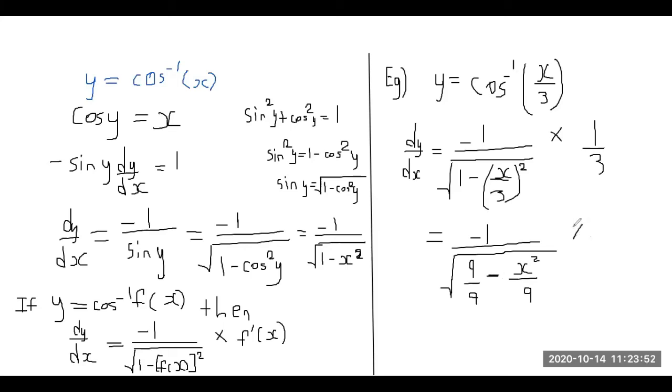And remember, we're multiplying by 1 over 3. Now, the key thing right here is that we can factorize out 9. So in the denominator, we can factorize out the square root of 9, and what we're left with is, we factor out root 9.